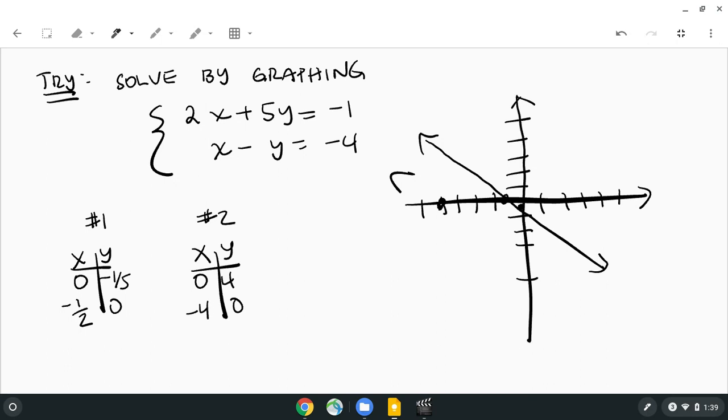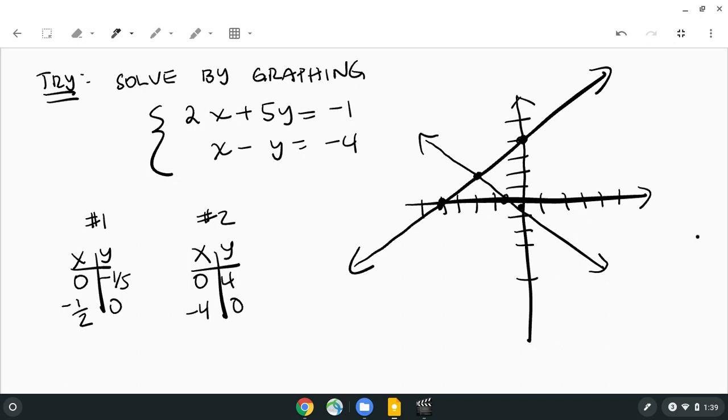Okay. 0, 4 is up here. 1, 2, 3, 4. And so we have this line. Okay, so that makes more sense. And right here, this point of intersection looks like, again, this is kind of sloppy, -2, 2.